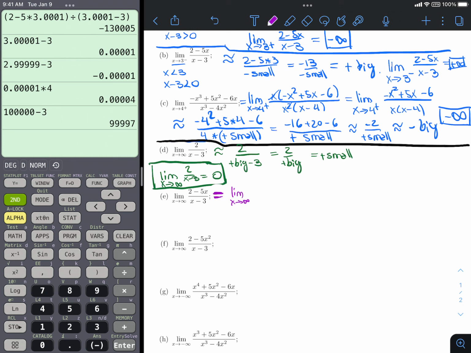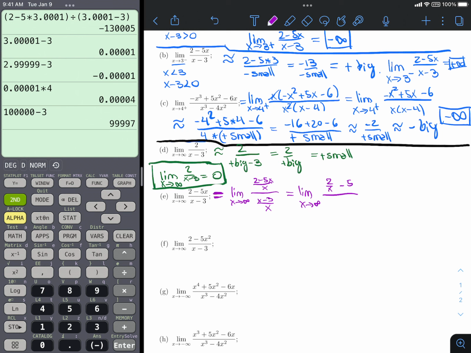x goes to infinity. Dividing by x. Divided by x. Nothing changed because I divided by x on both the top and the bottom. So I can do 2 over x minus 5, right? Because 5x divided by x, just cancel the x's, I get a 5.